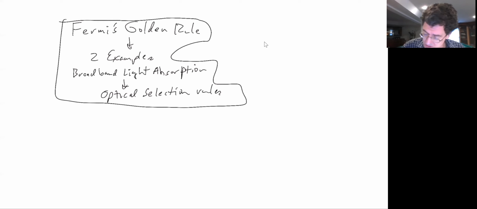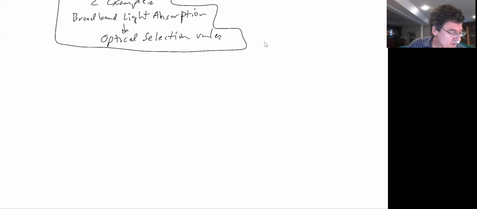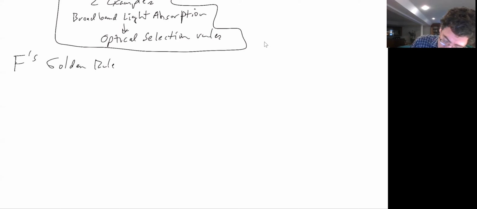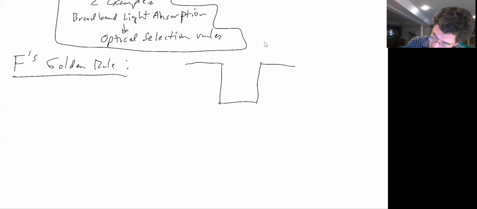Okay, so let's see. So last time we derived Fermi's golden rule. And then this was what we derived. We had some quantum system with some discrete level, and we'll just call that the initial state. And then we had some sinusoidal perturbation.